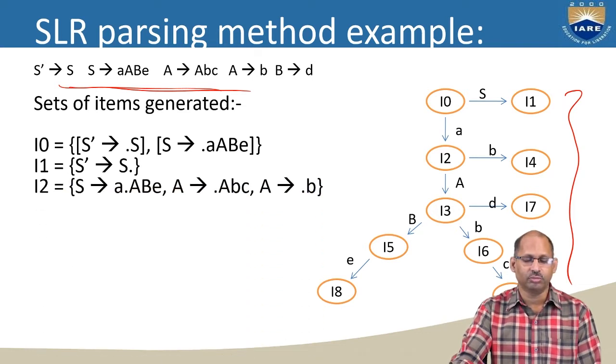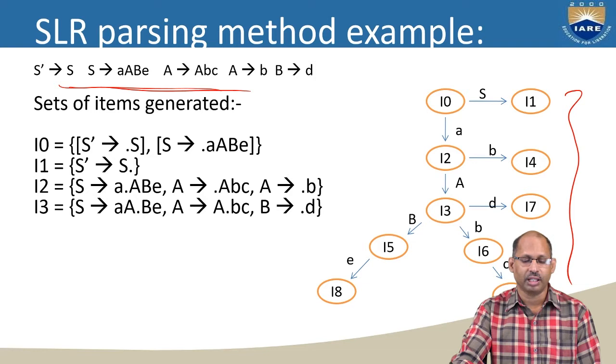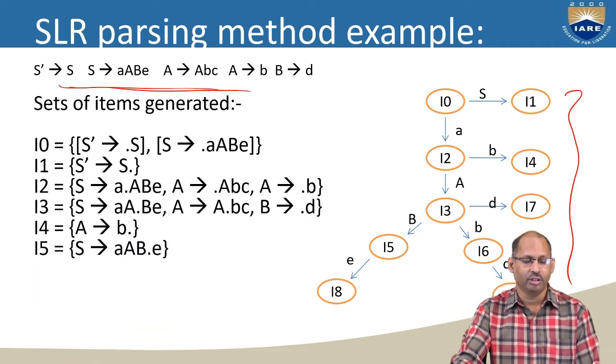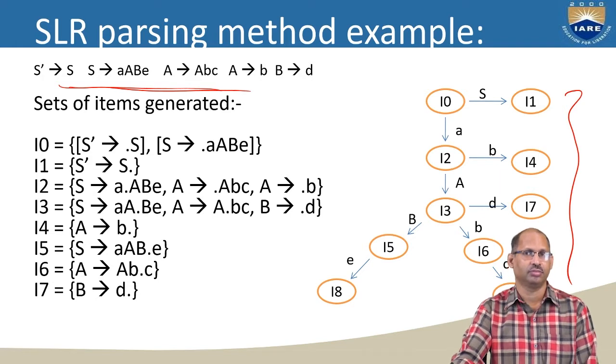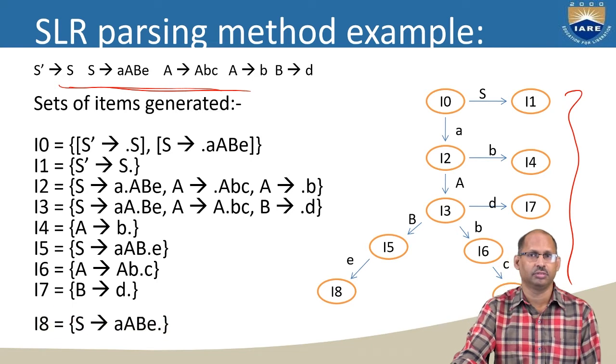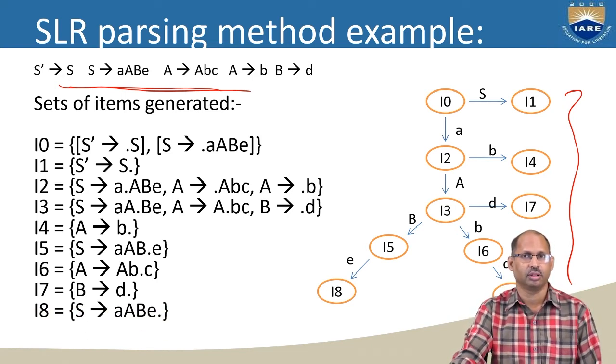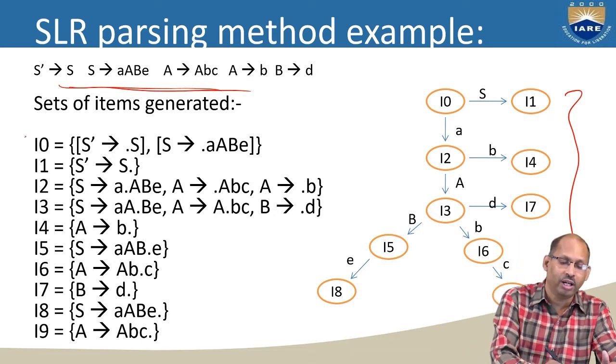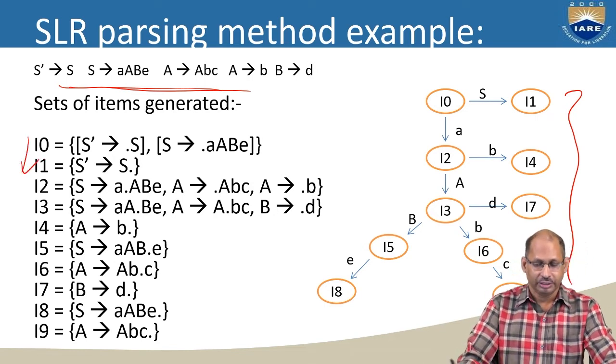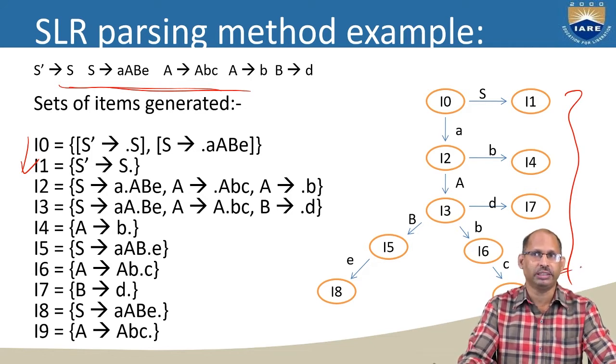Then I2, then I3, I4, I5, I6, I7, I8 and I9. These I0 to I9 are the closure groups. This is a DFA for the go-to operations.